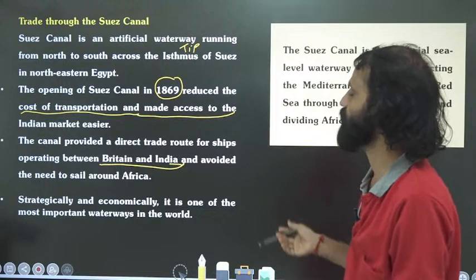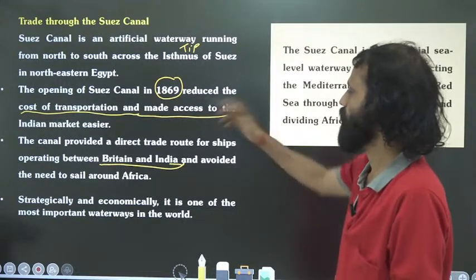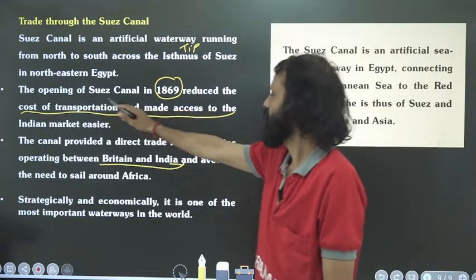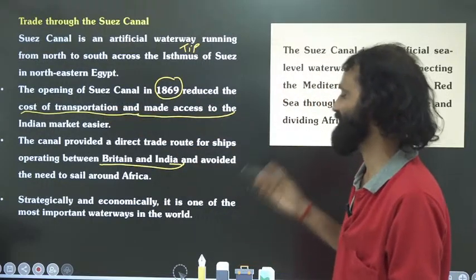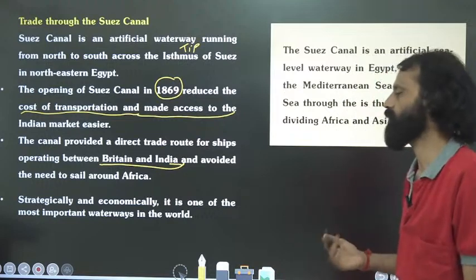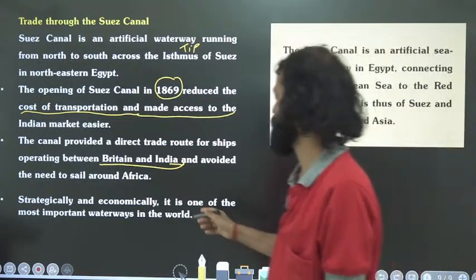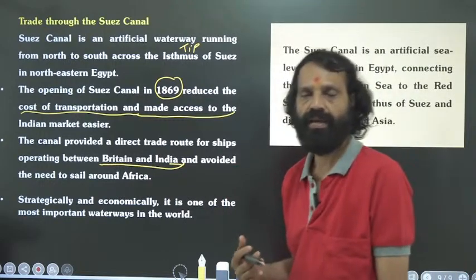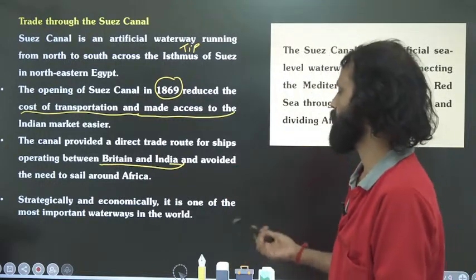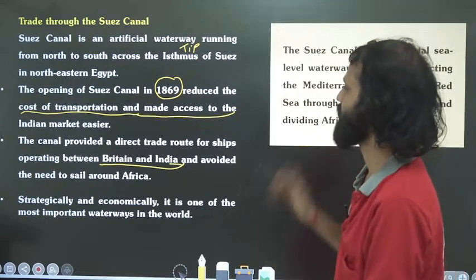Before, it was a long journey. After the opening, they could save time and money. Strategically and economically, it is one of the most important waterways in the world. You can read more about the Suez Canal. That is a man-made canal.